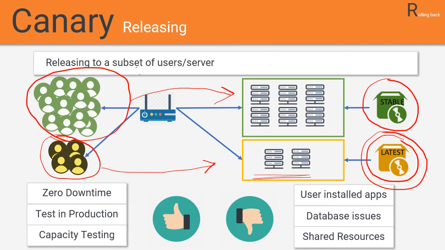In case the latest version fails, it affects only that small group of people, and we have to migrate the data and all the other things of only these select few users. The majority of users are safe, because they're using the stable version of the software. When the latest version fails, the canary audience, the people, the canaries, you could call them, are also now routed to the stable version while we fix the latest version.